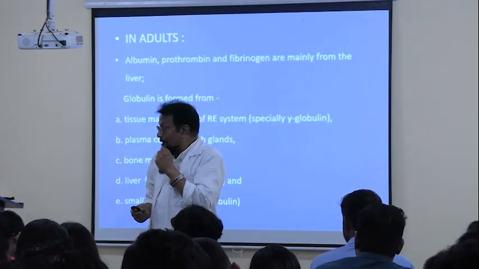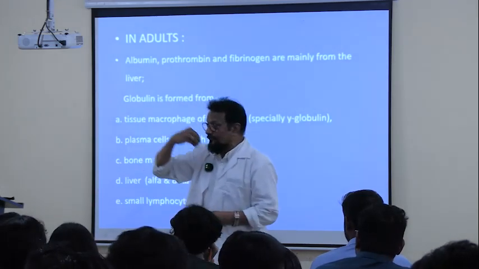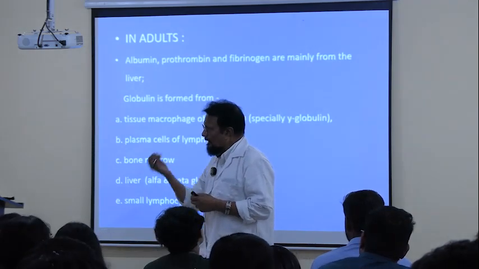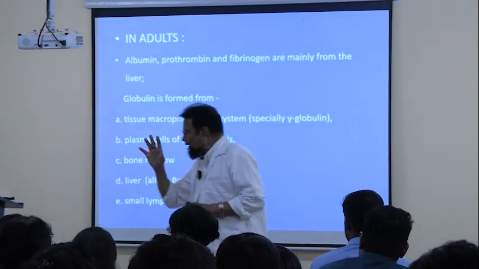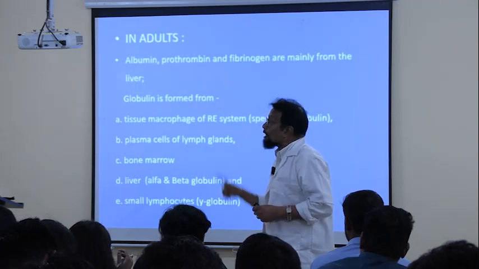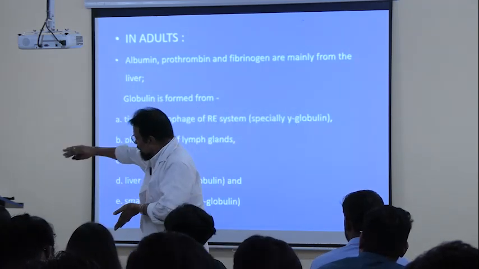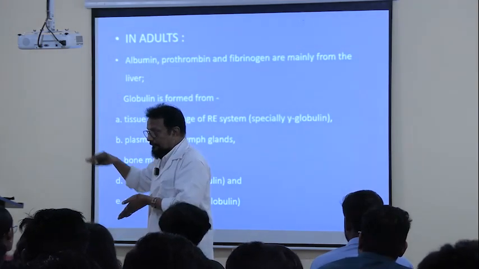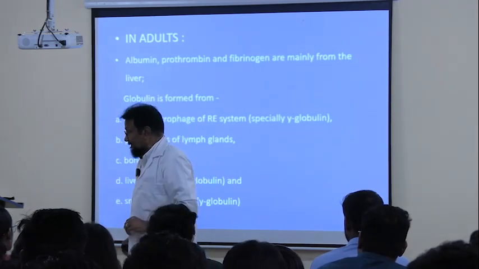Why are they here? Why not some other place? Because you have taken food. Along with this food, you may also ingest some bacteria, so many germs. You digest the food and absorb it, and during absorption, those germs can enter your body. Through the portal system coming from the spleen or intestine, the blood is drained first into the liver.